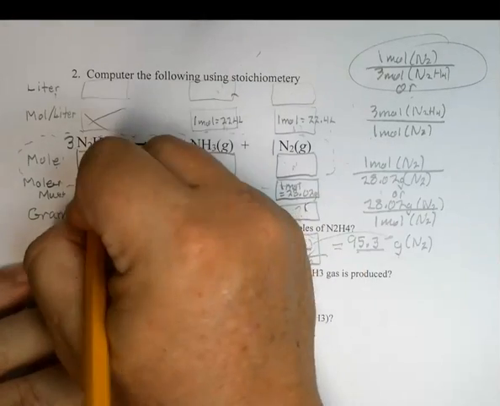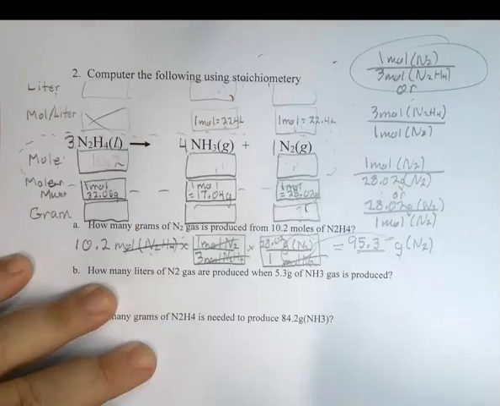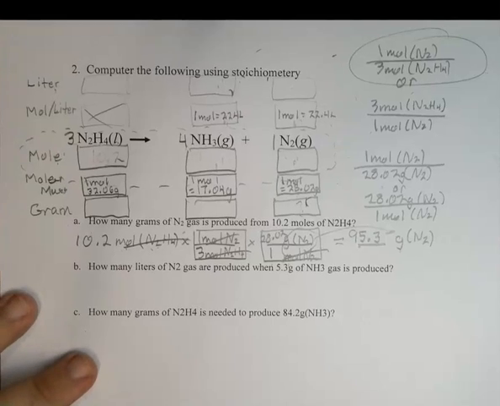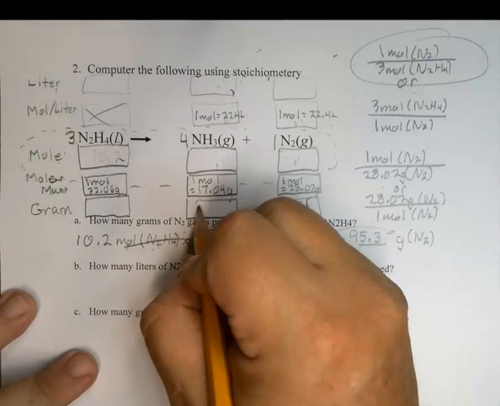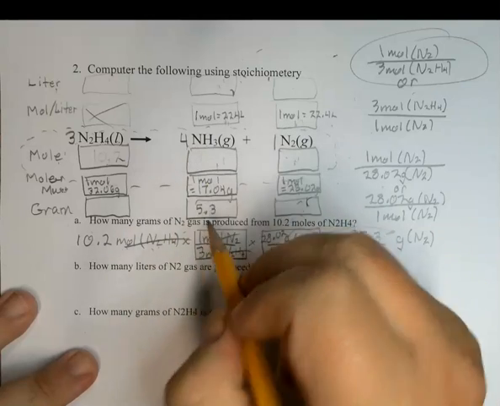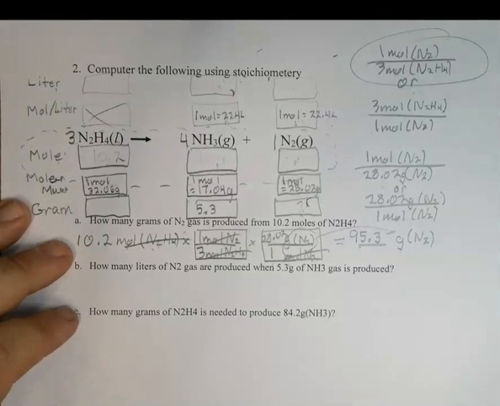So I'm going to erase here and here. I'm going to use the same flow chart. And it's asking how many liters of N2 gas are produced when 5.3 grams of NH3 gas is produced. So it's saying I'm producing 5.3 grams. That goes down here in the grams row and in the NH3 column. And I want to know liters of N2.